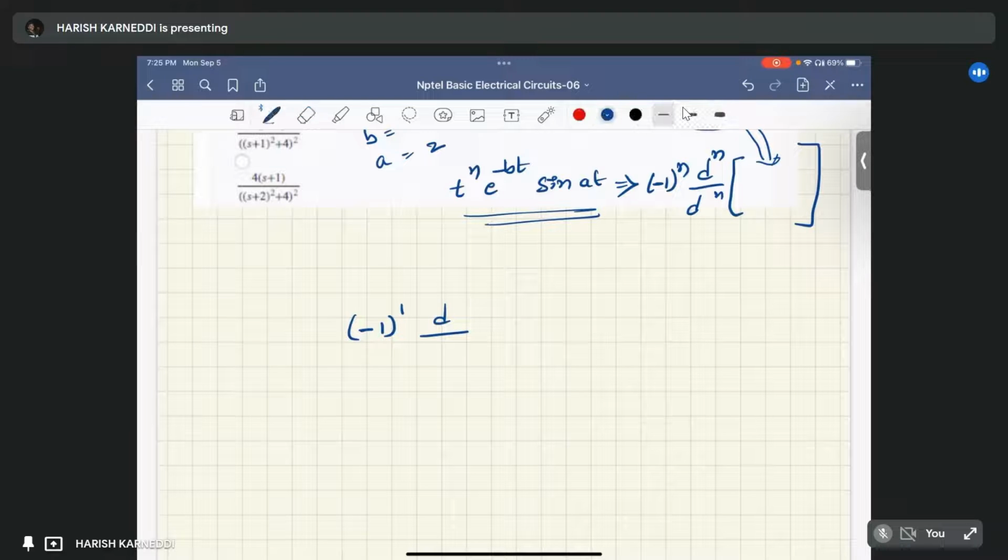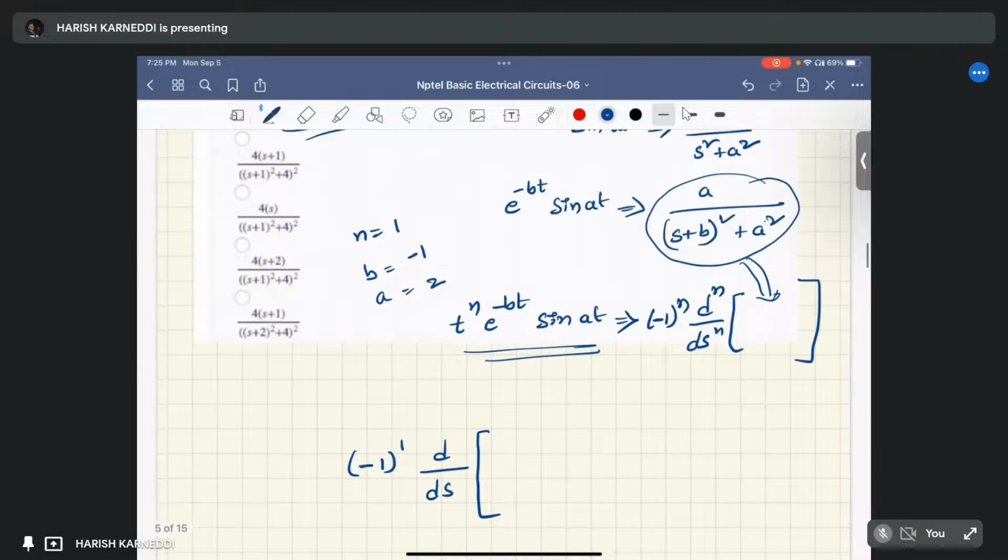Here it is d by ds of, here our a equals 2, by (s plus 1) whole square plus a square, which is 2 square.